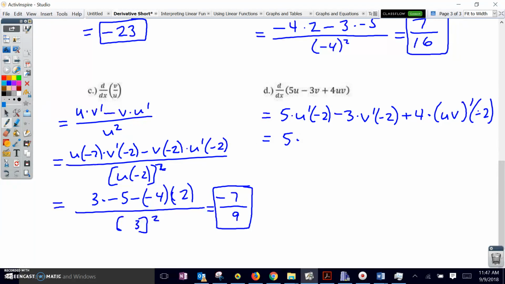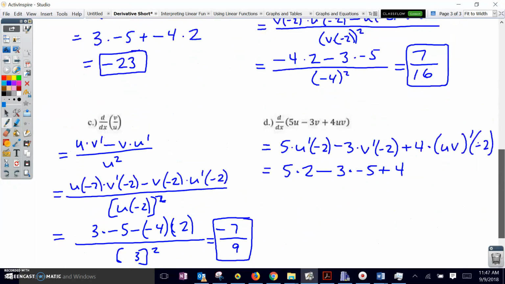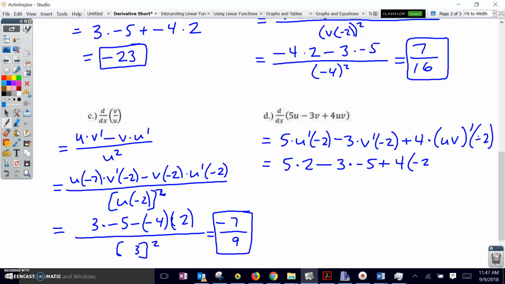And so u prime of negative 2 is 2, and v prime of negative 2 is negative 5, and uv prime we got in part A, that's negative 23. And so this is 10 plus 15 minus 92 should be negative 67. Hopefully I did all my calculations correctly in there.